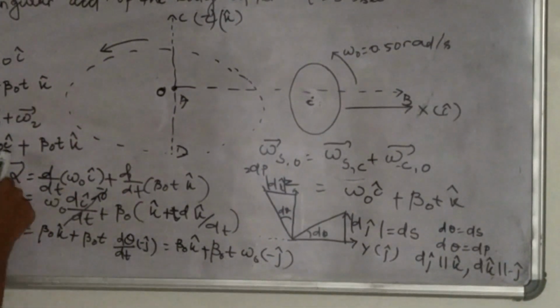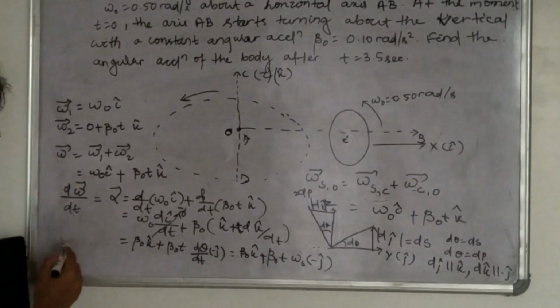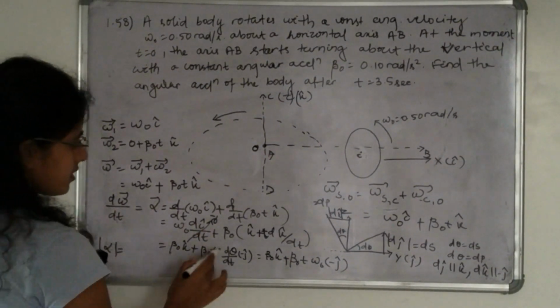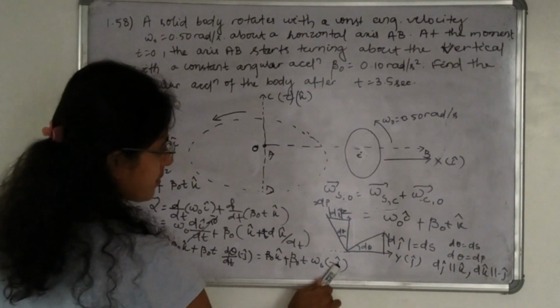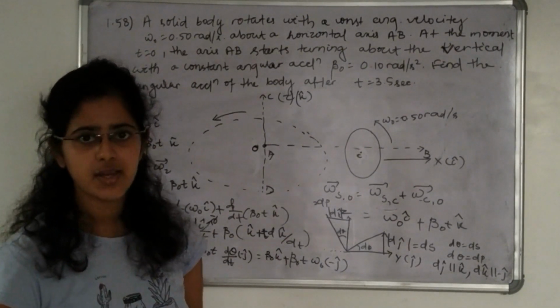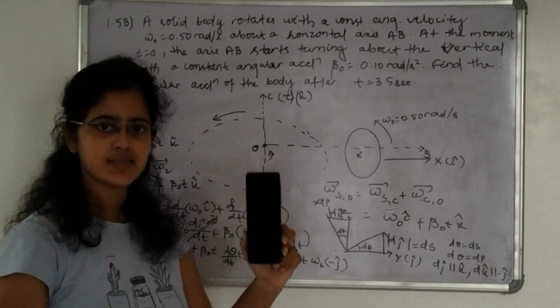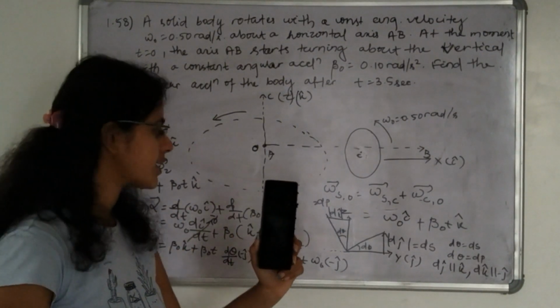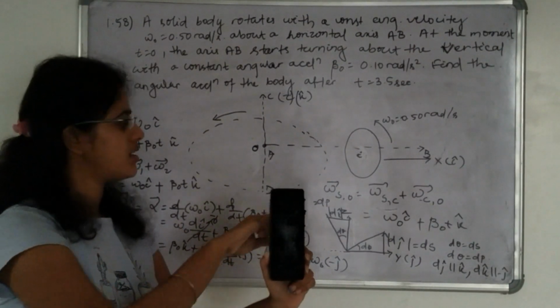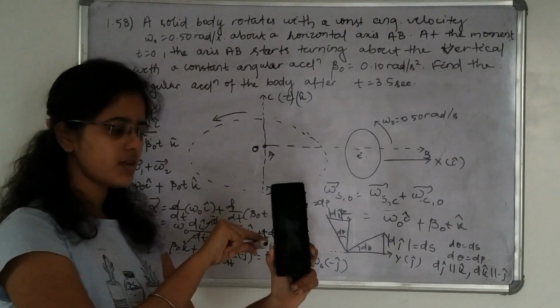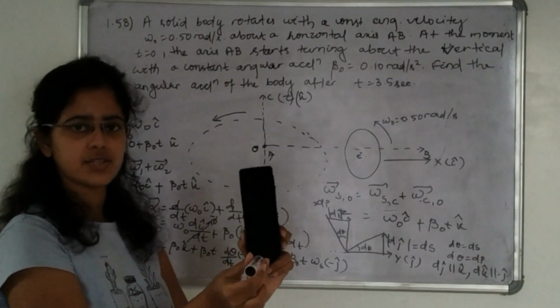So we have to derive the modulus of this. How can we derive the modulus? You can see here k cap and minus j cap are perpendicular. K cap means z axis, minus j cap means negative y axis. We have considered positive y axis is along this direction, so negative y axis is along this direction.